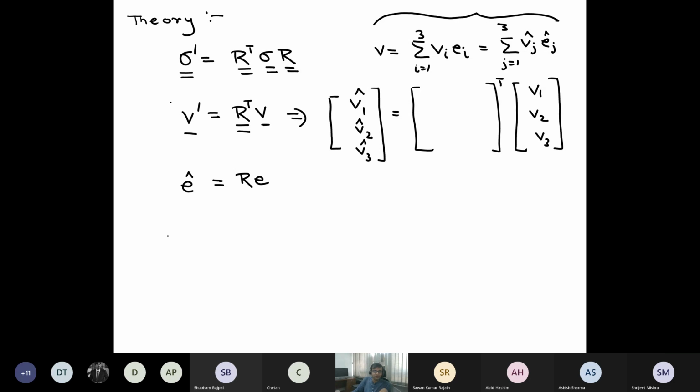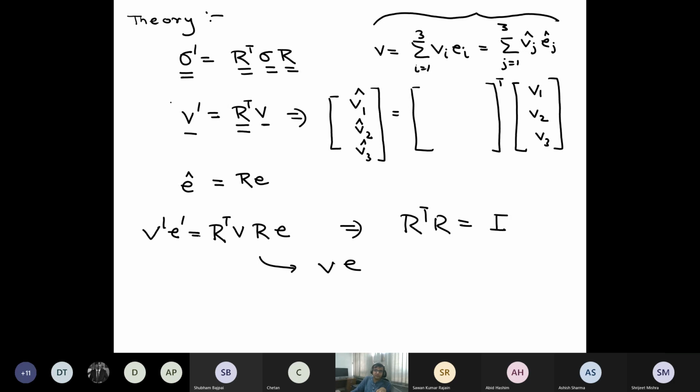If you substitute both of these here, you will get R transpose V and then R E. And R transpose R is equal to I, which means you will ultimately get V. And similarly with V transpose E transpose, so that can be shown.